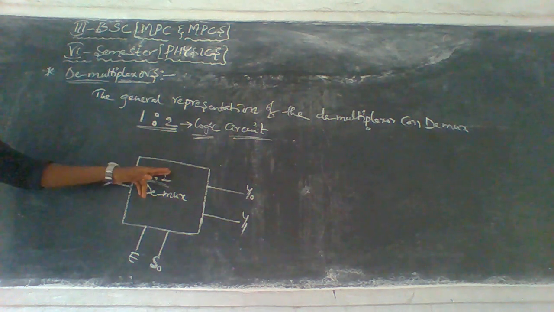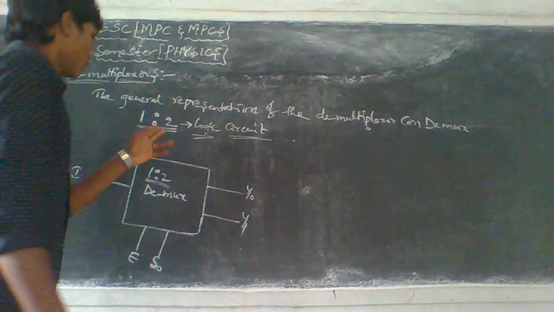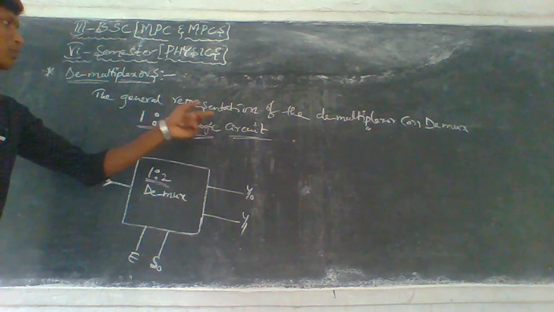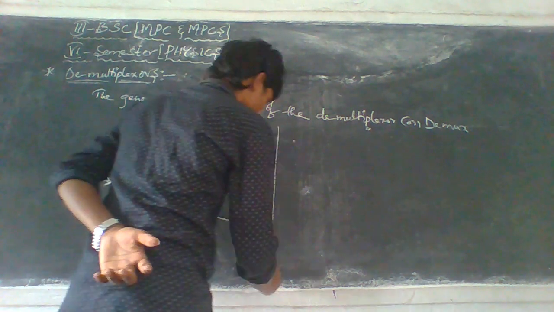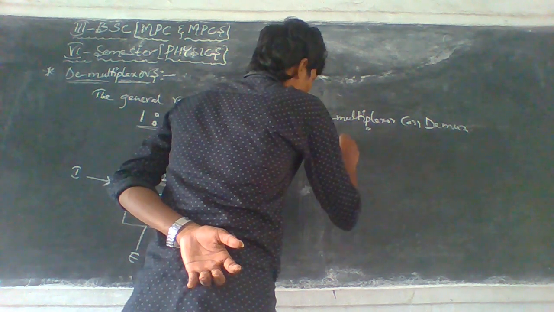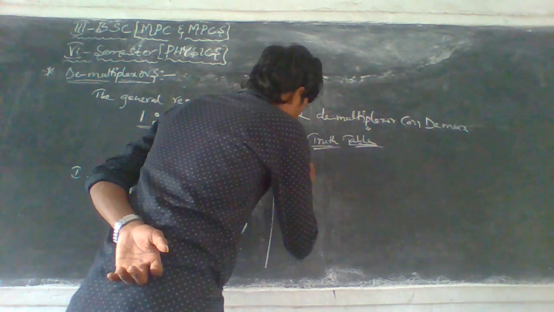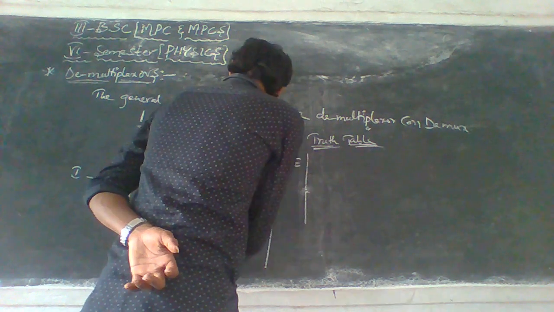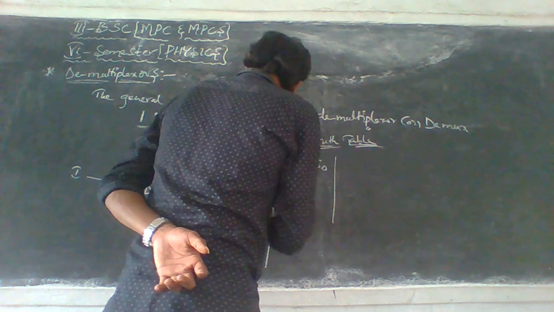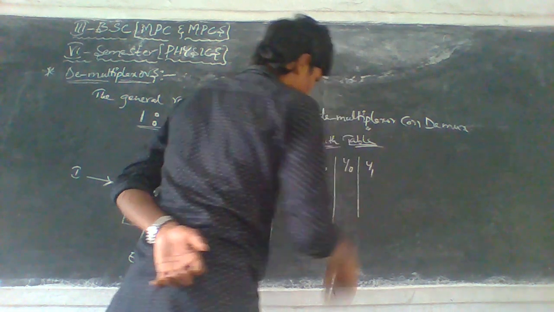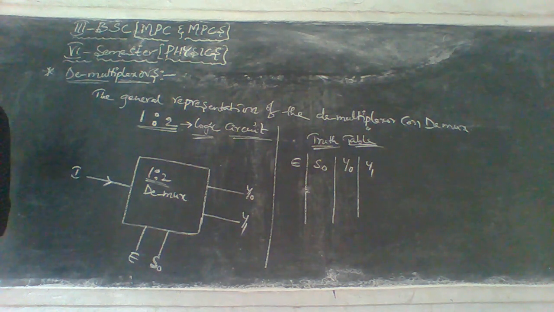Then we will discuss the truth table of the one line input to two line output demultiplexer, with columns E, S0, Y0 and Y1.